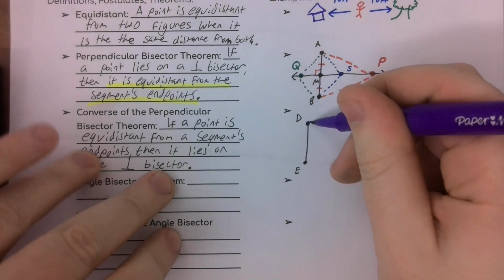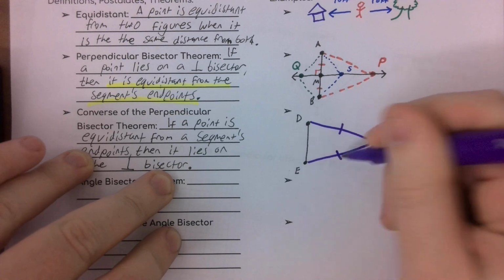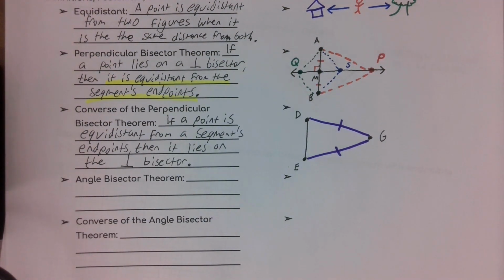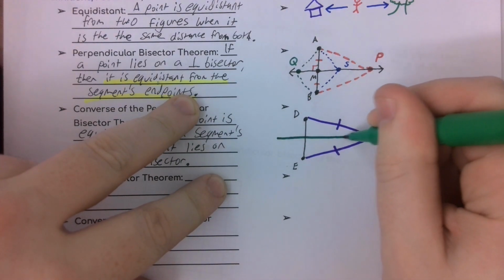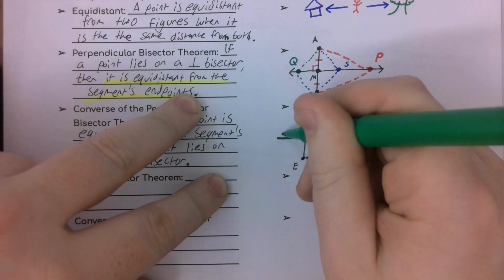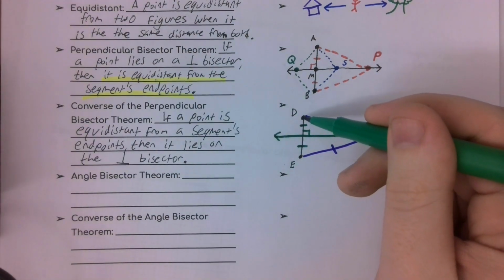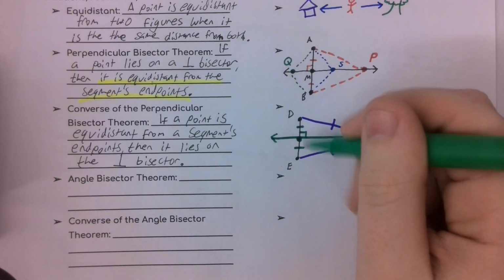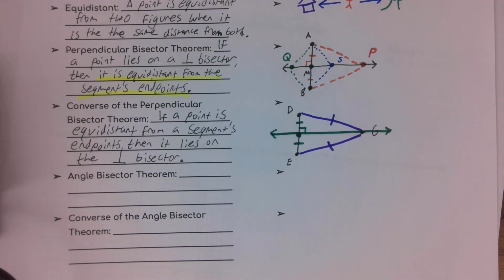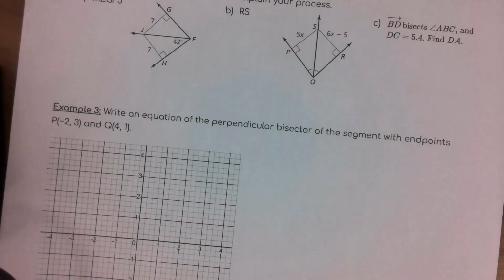If I tell you right off the bat that DG and EG are congruent, it means that G has to lie on this green perpendicular bisector. It means that DE is cut in half, so these two halves will have to be congruent. It's sort of the opposite of the past theorem. We use it like this.